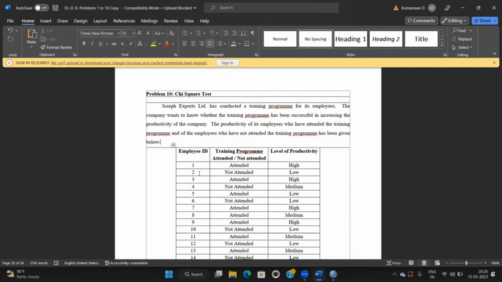So the test is whether the vaccination, like Covaxin and Covishield, first dose, second dose, whether the Covaxin or Covishield is good or fit for the controlling of COVID-19.